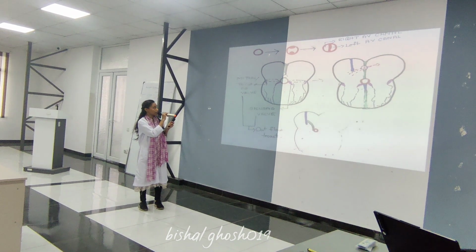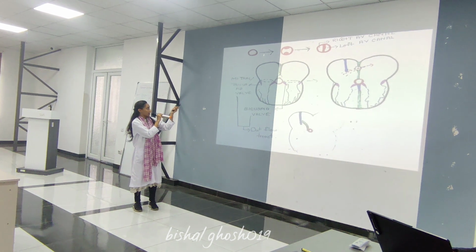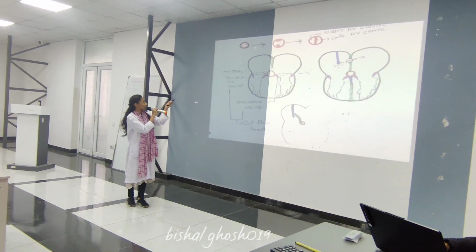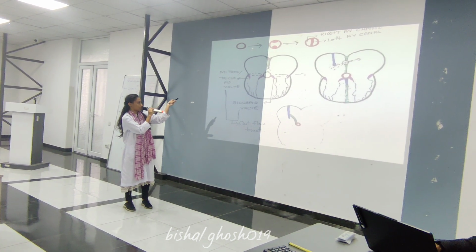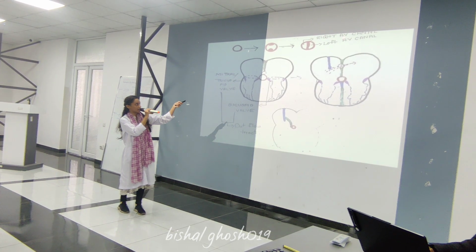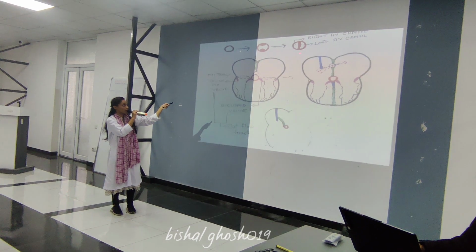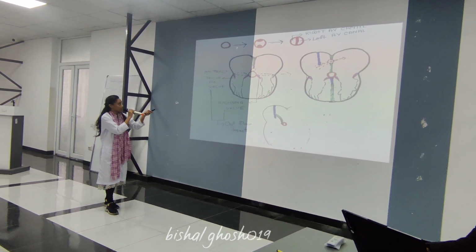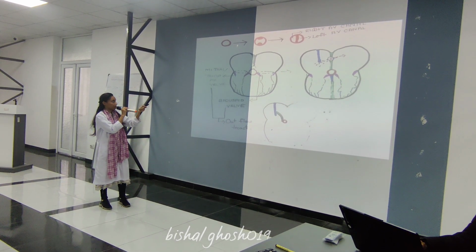Septum intermedium is developed from the atrioventricular canal. Atrioventricular canal releases some atrioventricular cushions from anterior and posterior side. These cushions fuse together and divide right atrioventricular canal and left atrioventricular canal, and this is called septum intermedium. This septum intermedium will give rise to the interventricular septum.